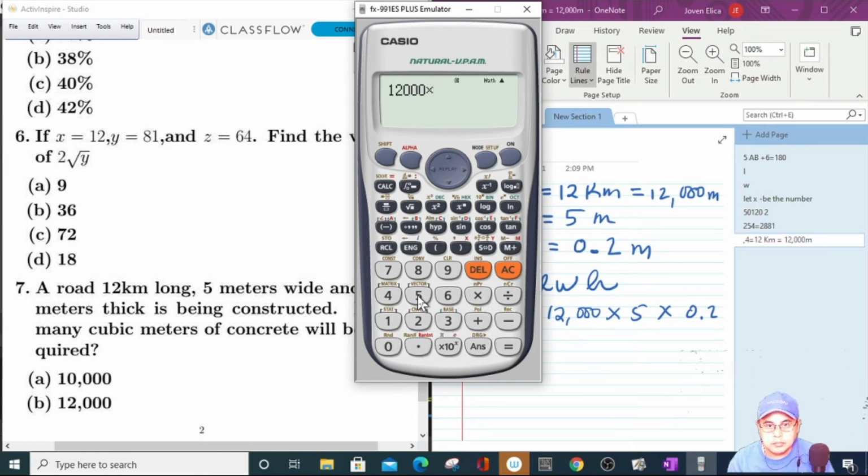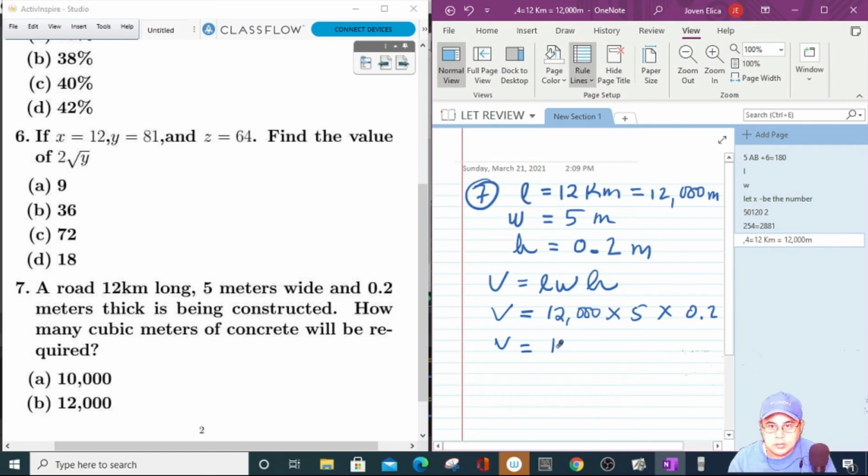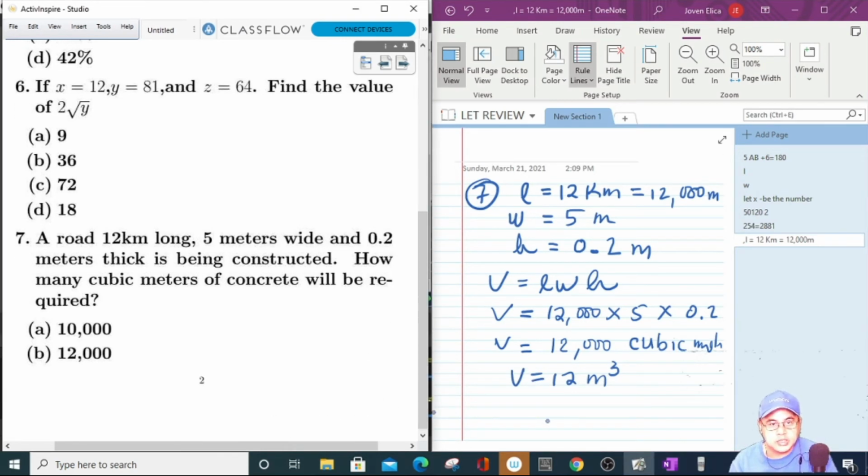The answer is 12,000 cubic meters. The correct answer is letter B, 12,000.